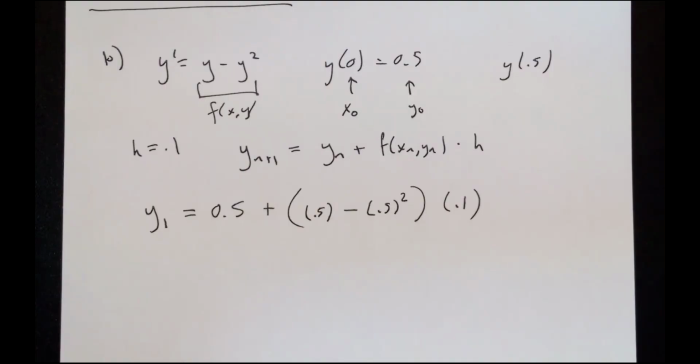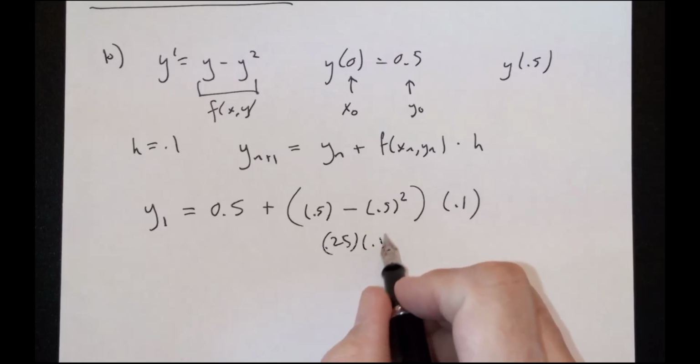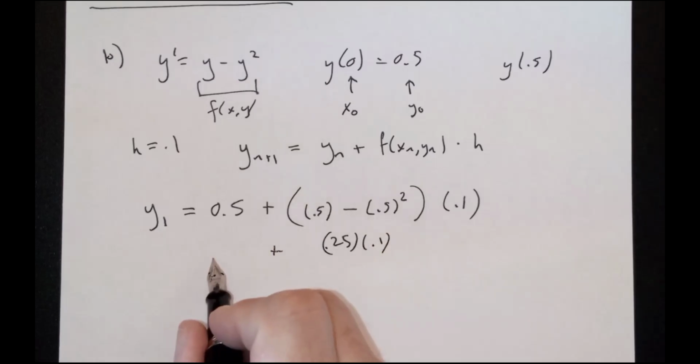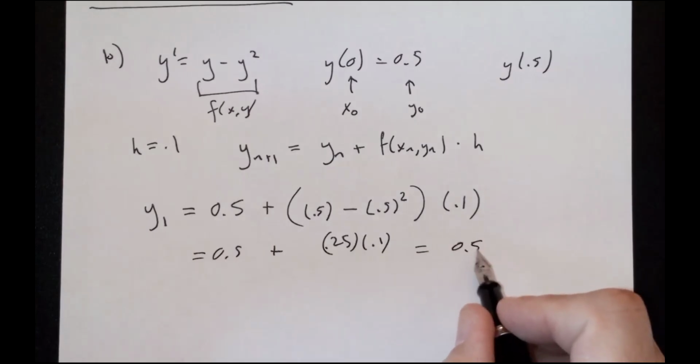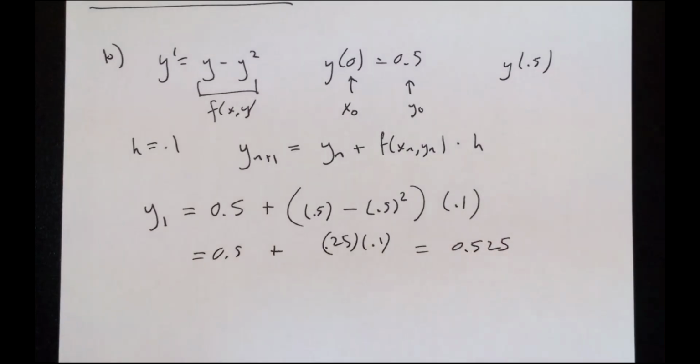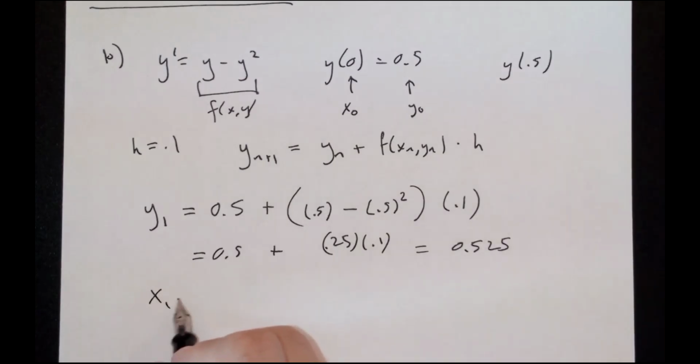Evaluate what's in those parentheses. So this is 0.25 times 0.1 plus 0.5. That's 0.525.